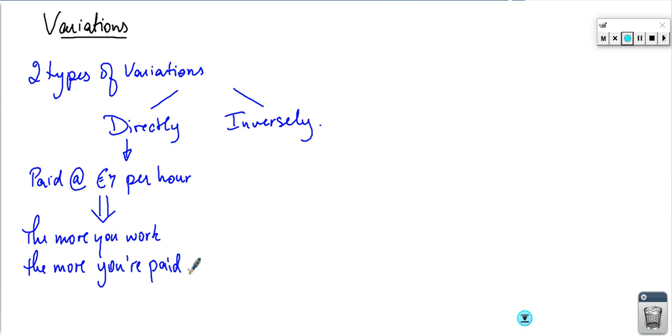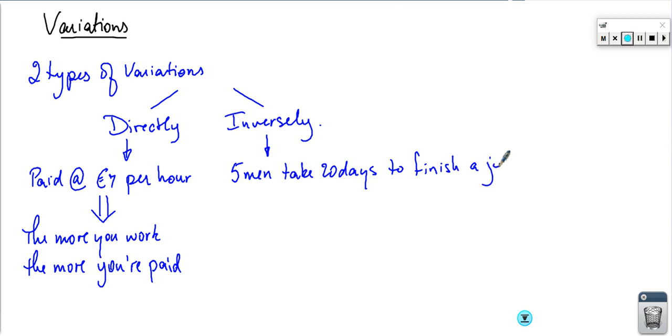On the other hand, inversely proportional. For example, 5 men take 20 days to finish a job. What does this mean?